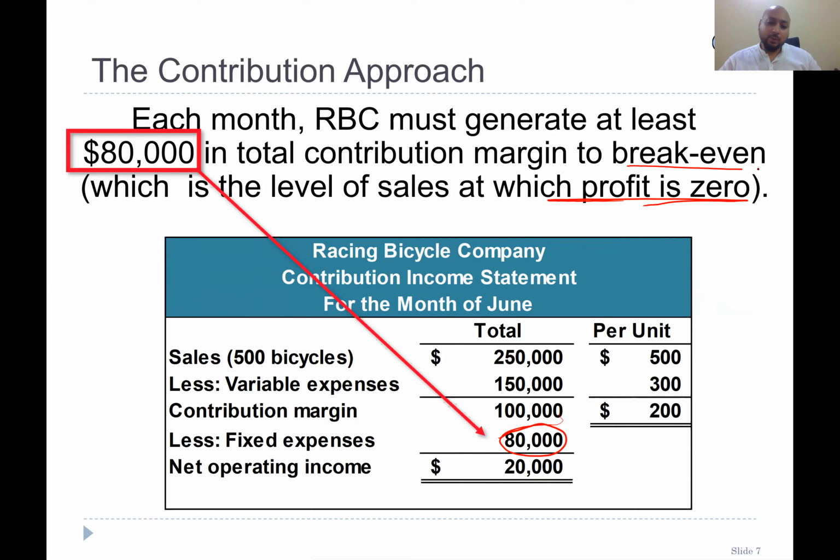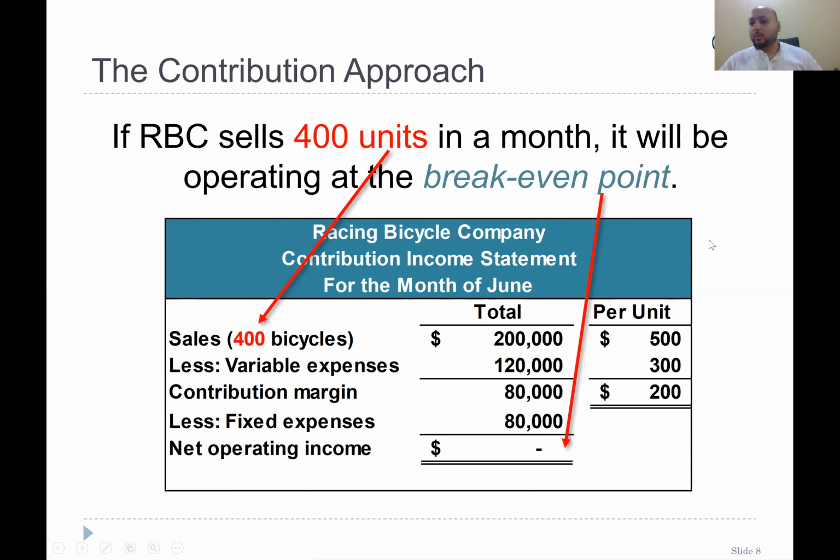When your total sales is equal to your total cost, that is the point we call break even. It means after this point, we are making money, and before this point, we are having loss. How do we find out the break even?